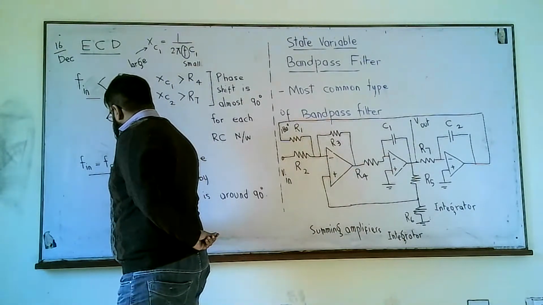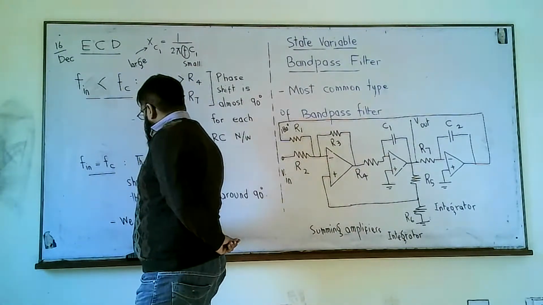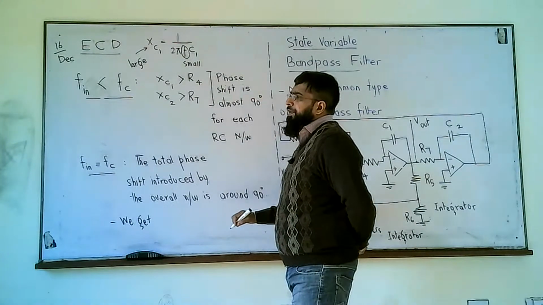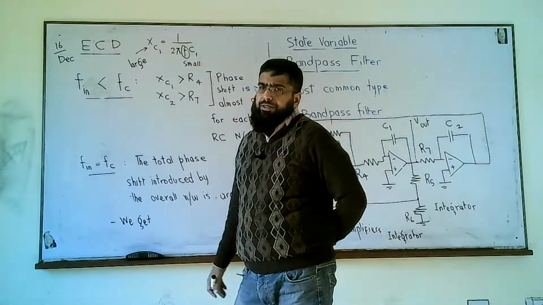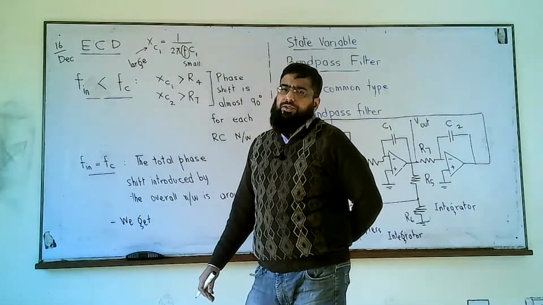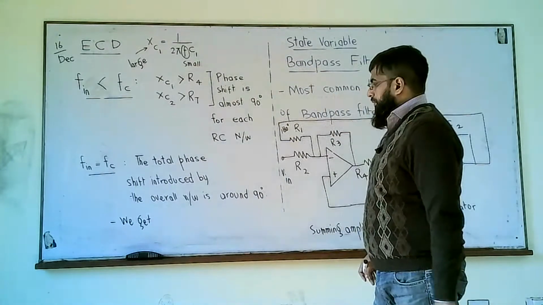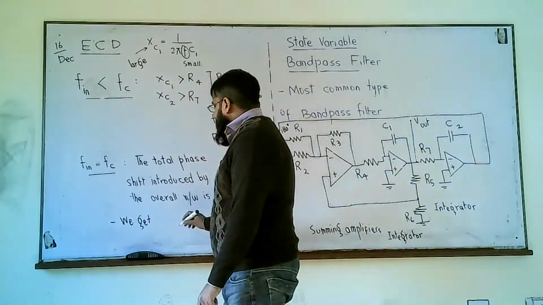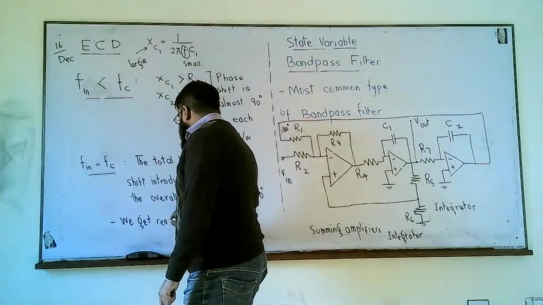We want a filter with high selectivity. This means a good gain at Fc, and for frequencies below Fc and for frequencies larger than Fc, we want poor gain.